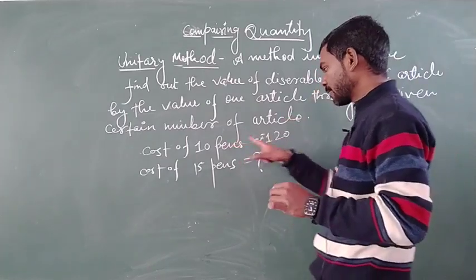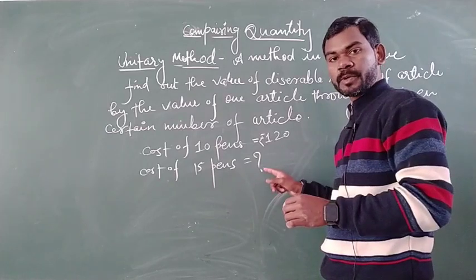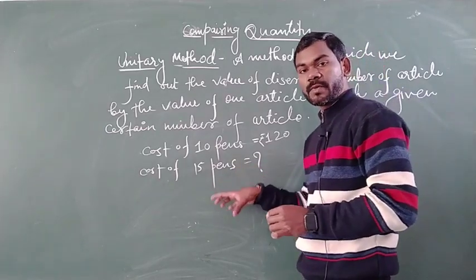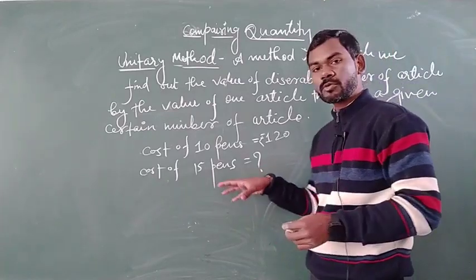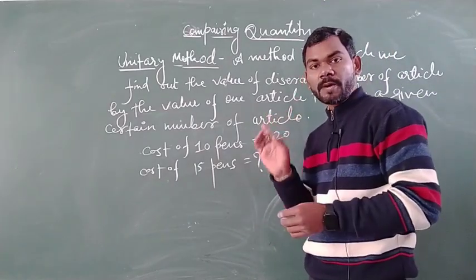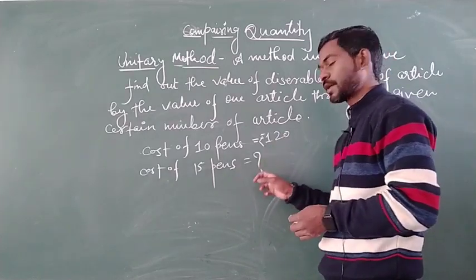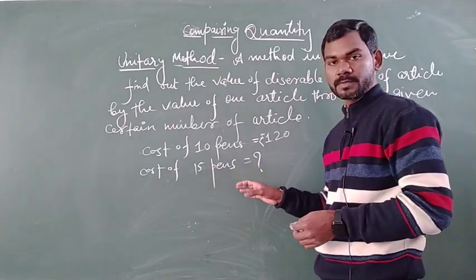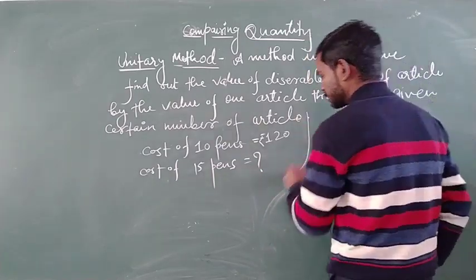If the cost of 10 pens is 120 rupees, then what will be the cost of 15 pens? In order to find the cost of 15 pens, we have to find the cost of a single pen. After getting the value of a single pen, we can easily find the value of 15 pens. So now let us see how we find this.